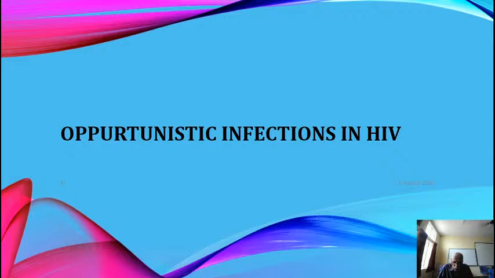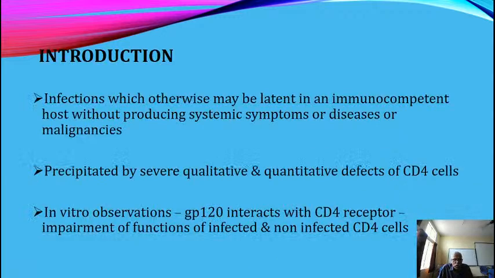Today we will talk about the most important opportunistic infections: PCP, Pneumocystis carinii pneumonia, nowadays called Pneumocystis jirovecii pneumonia, and tuberculosis. Whenever there is immunodeficiency, or the CD4 cells fall below 200, we start getting opportunistic infections.